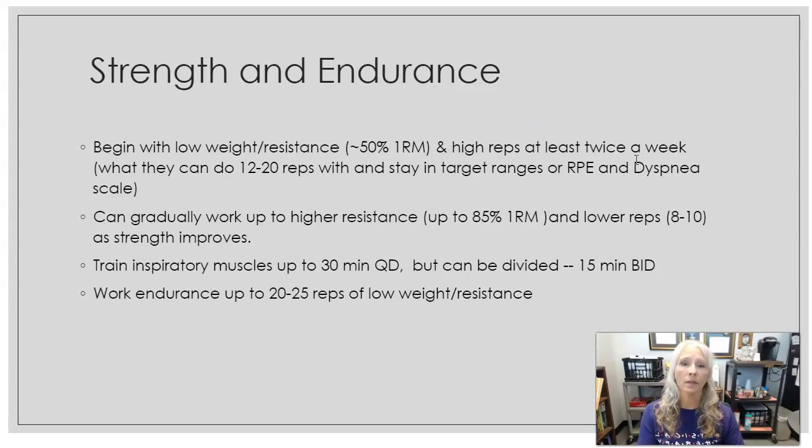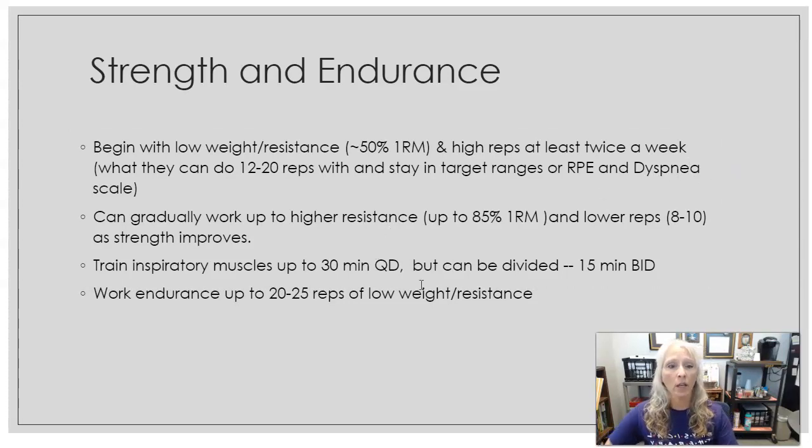High reps of low weights is what your goal is for your pulmonary patients. Okay, when they can do 12 to 20 with a certain weight and stay within their target range for their rate of perceived exertion and their dyspnea scale, that's where you want to begin.